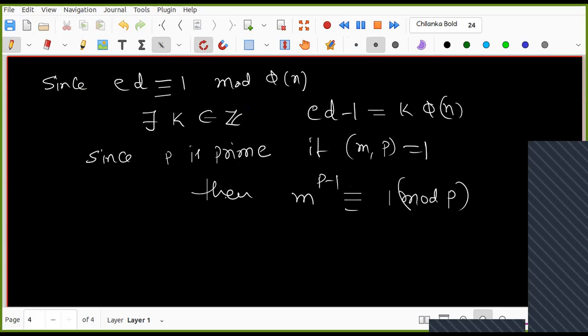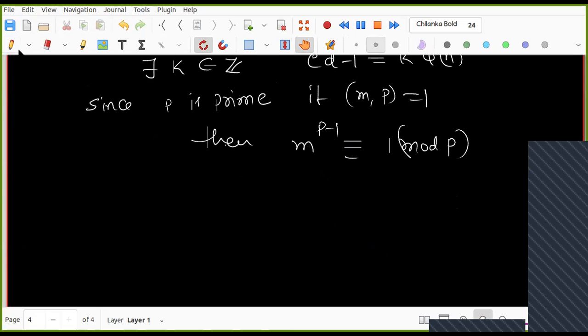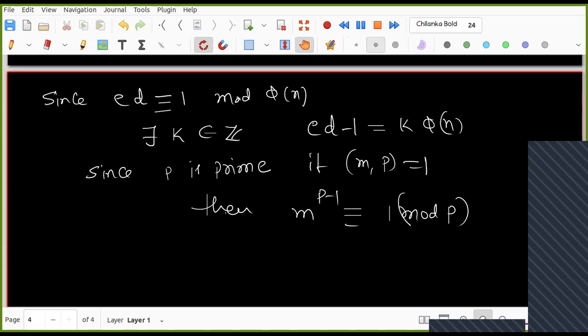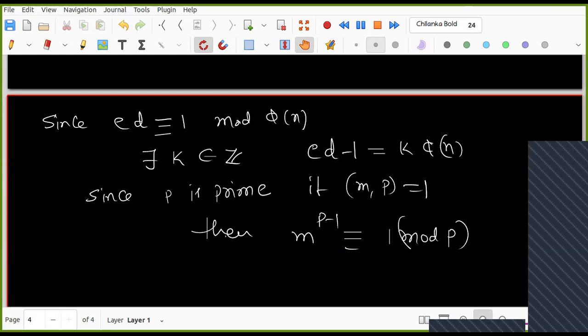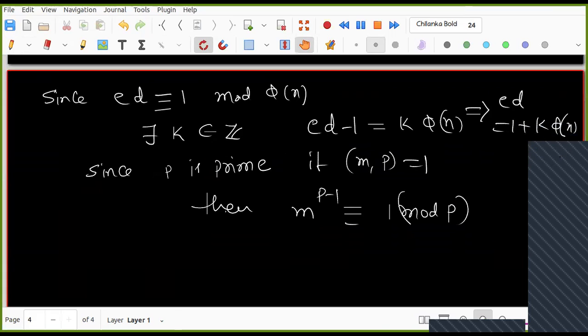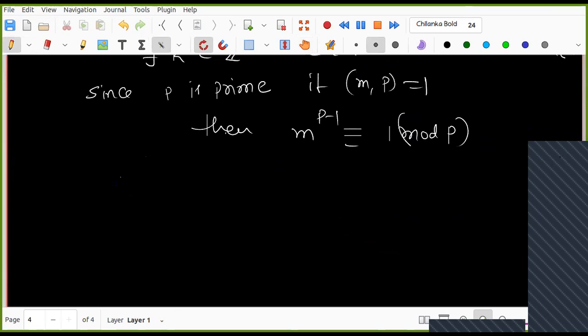Then what is going to happen? Now it is easy to see that phi(n) is (p minus 1) times (q minus 1). So now what is my ed? From this, ed is equal to 1 plus k times phi(n). Now what is going to happen to this?